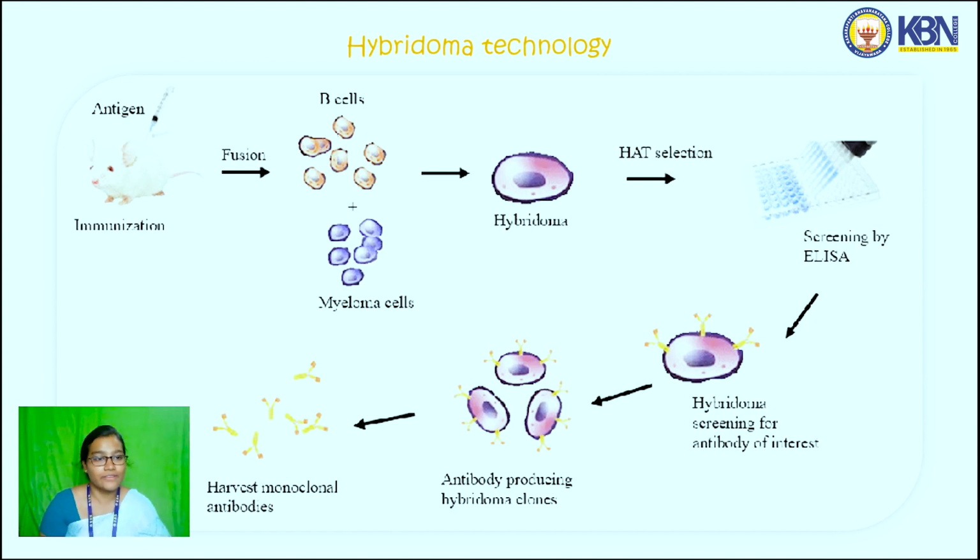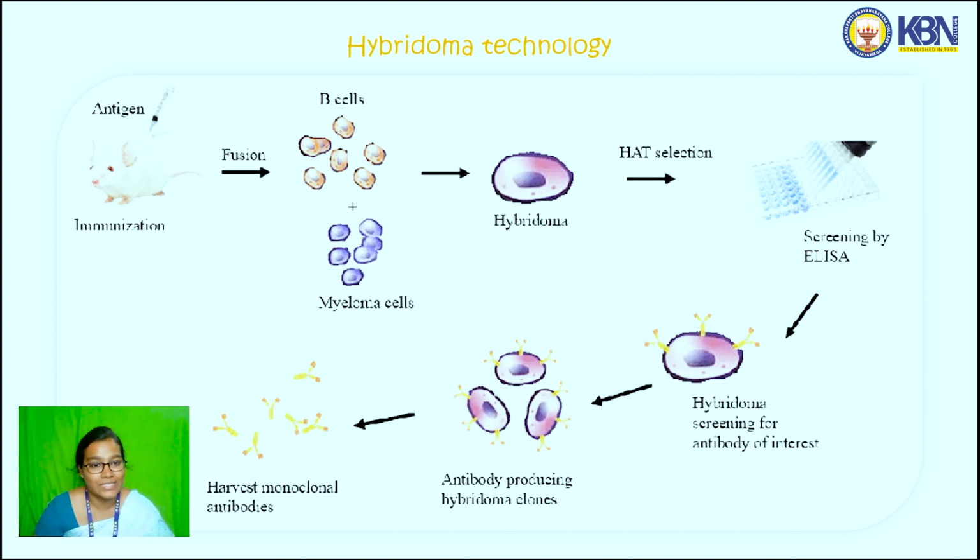So that's the first step, immunization of the rat with antigen. After immunizing, the rat slowly starts developing antibodies for that particular antigen. After immunization, we will extract the spleen from the rat. In the spleen, we have B cells. So from the spleen, we will extract B cells. We have B cells ready.